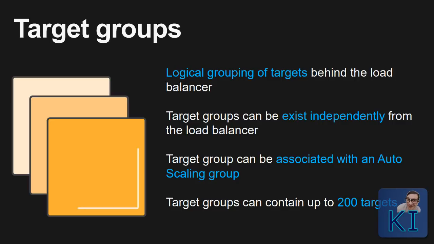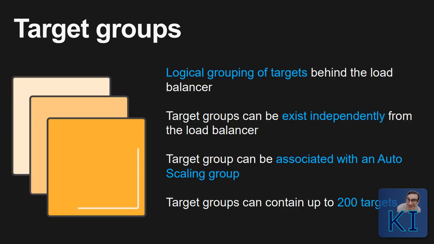Target groups, we talked already that you can have target groups. You are going to associate them to your load balancers. Understand that logically, target groups are independent entities, right? So it is perfectly possible that when you delete the load balancer, target groups will remain there as such. If you want, you'll have to delete them separately, right?